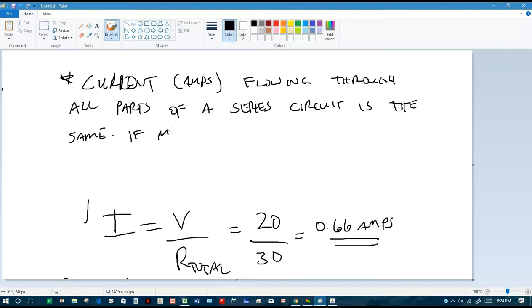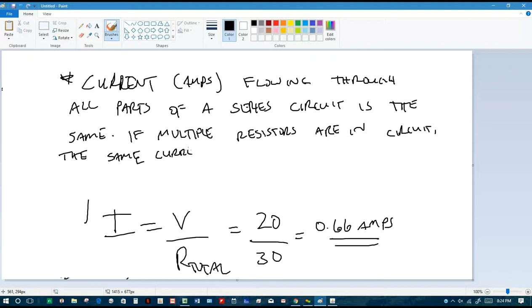If multiple resistors are in circuit, the same current flows through all three. All right, does that make sense? Yeah. All right, so now let's go back to the simulation.